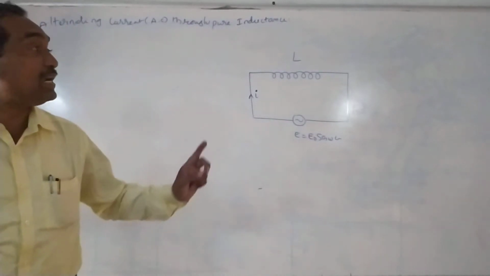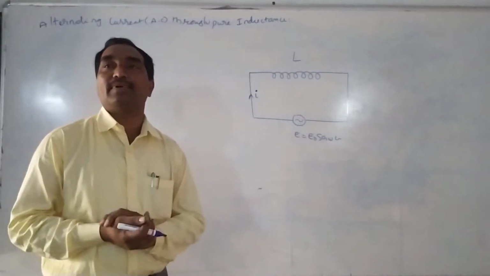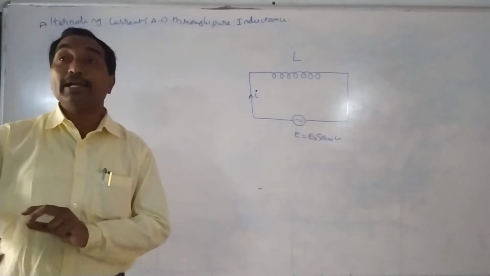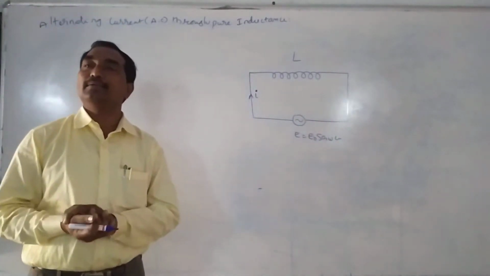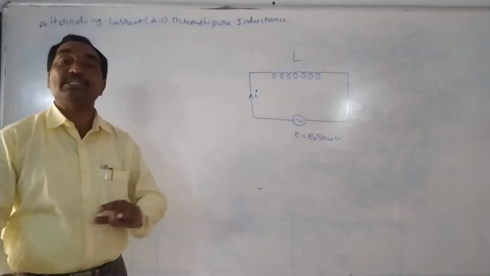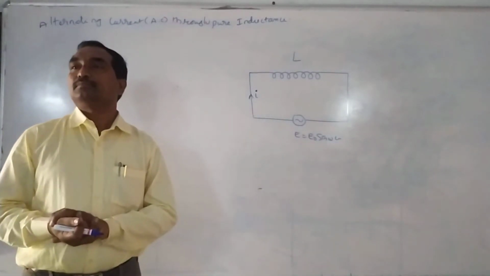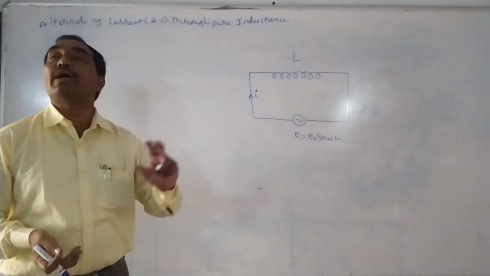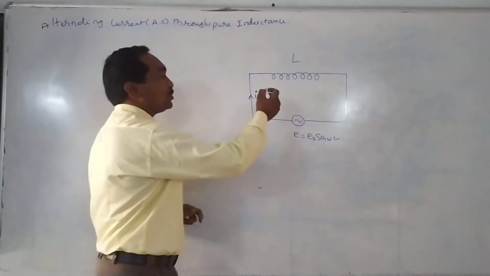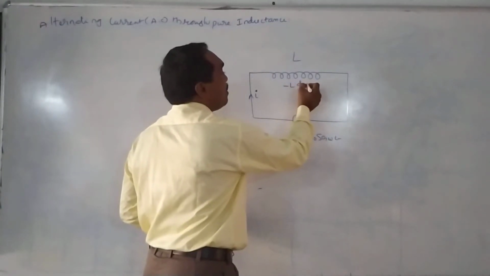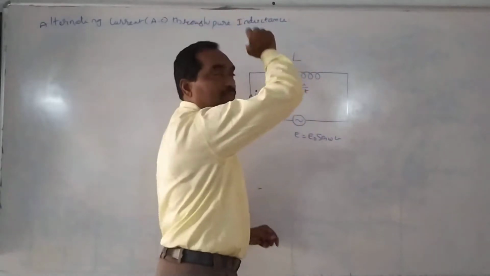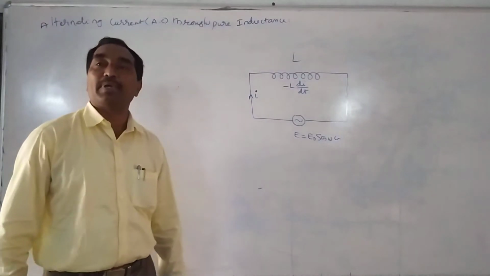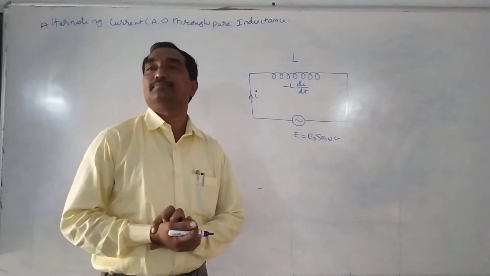Now, when current is passing through the inductance and it is varying, according to Faraday's second law, some EMF is induced in the coil, which is equal to minus L into dI by dt. That is Faraday's second law, or maybe due to Neumann's law.